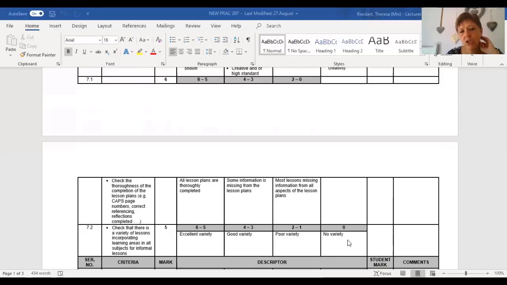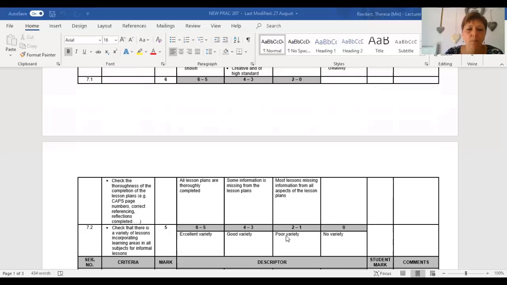Okay, so please just check for that. But with regards to variety, they were told that they should do 3 life skills, 3 language, and 3 maths. So they should have that. So 1 of the 3 life skills can be an art lesson, and that is acceptable.